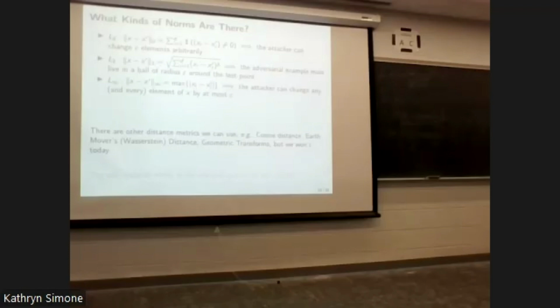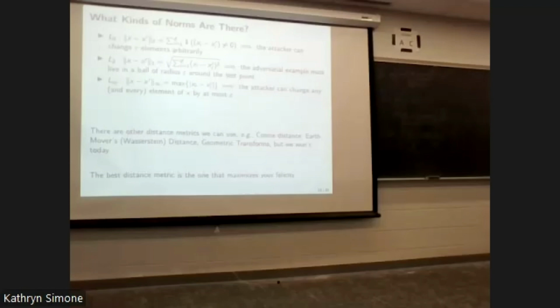There are other distance metrics. You could imagine using something like a spectral similarity distance. You might take an image, transform it, and look at the power spectral density. You can use other geometric transforms, but we won't go into that today. I don't think there's a right one necessarily.